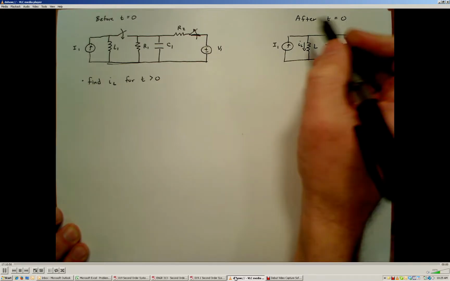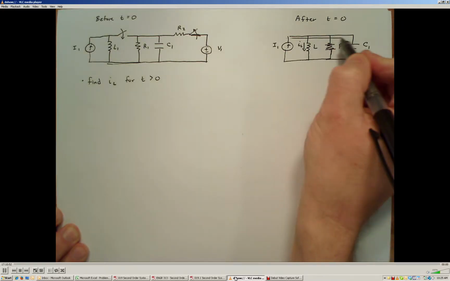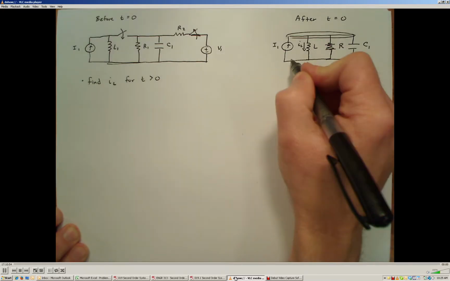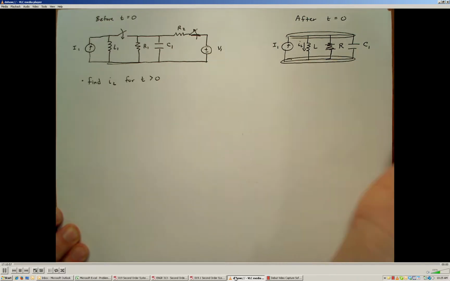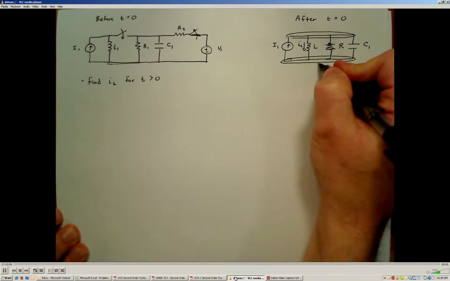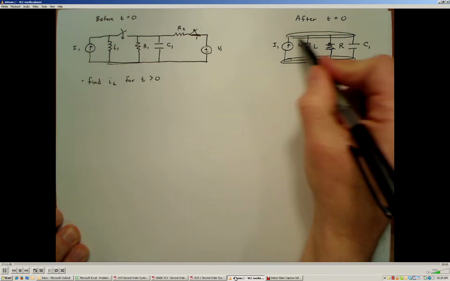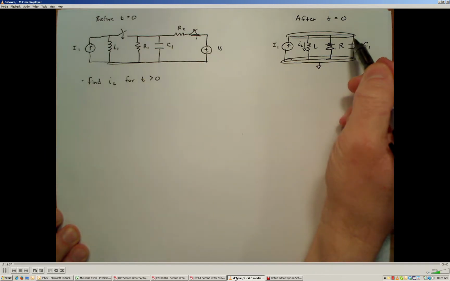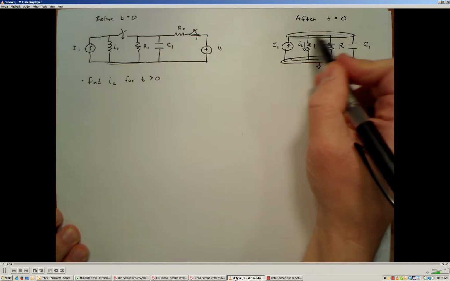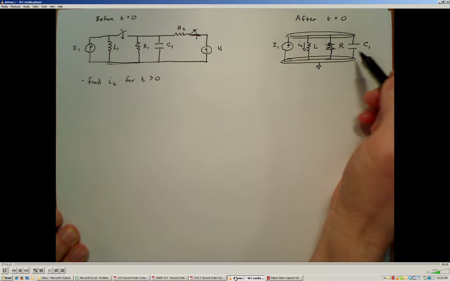However, if we look at it from a node voltage perspective, we have 2 nodes that we need to worry about and develop equations for. Of course, one of those nodes we're going to call the reference node. Therefore, we only need to develop one equation to solve for the voltage across all 3 elements, the inductor, the resistor, and the capacitor.